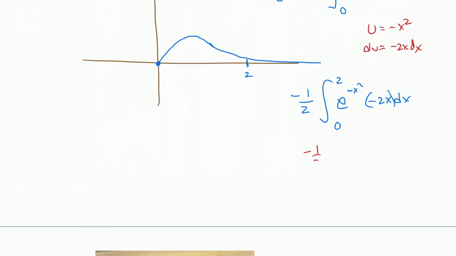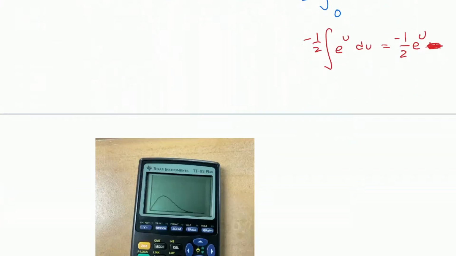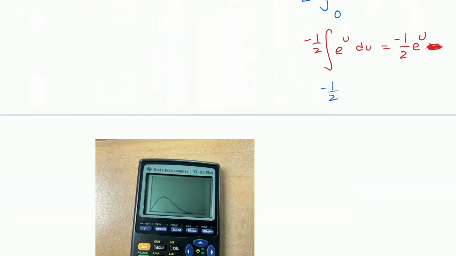So this is negative 1/2 times the integral of e to the u du. And we all know what that is: e to the u plus c. Well, we don't need the plus c because this is a definite integral. Then let's go back to x. So this will be negative 1/2 e to the negative x squared, evaluated from 0 to 2.